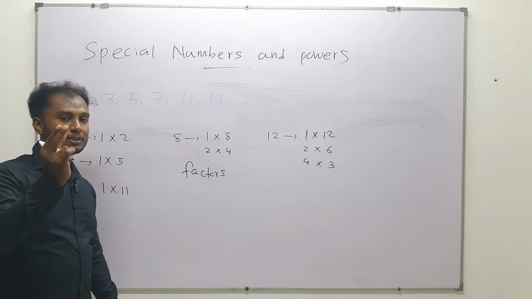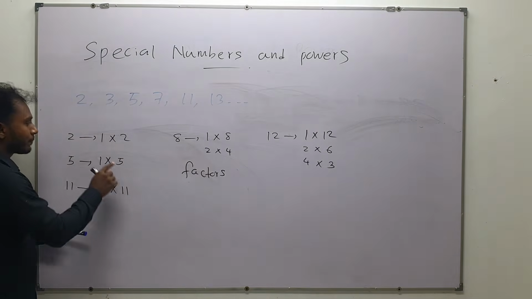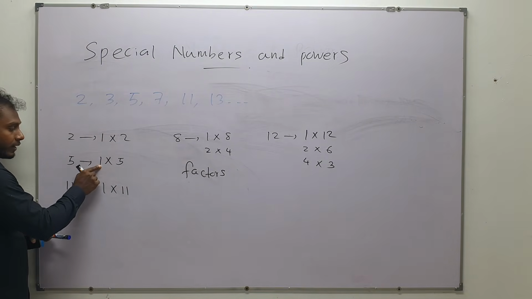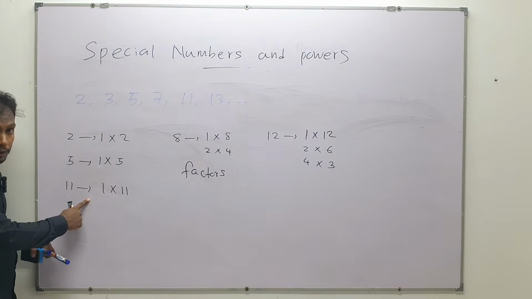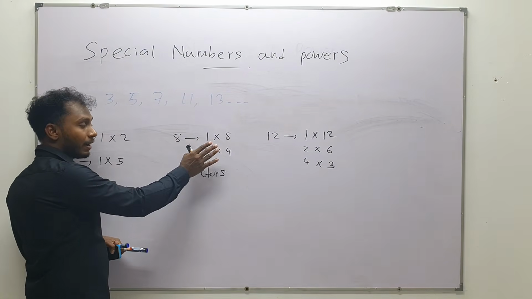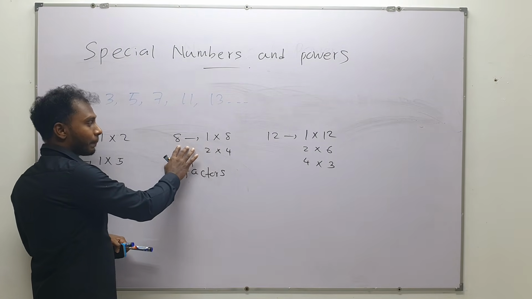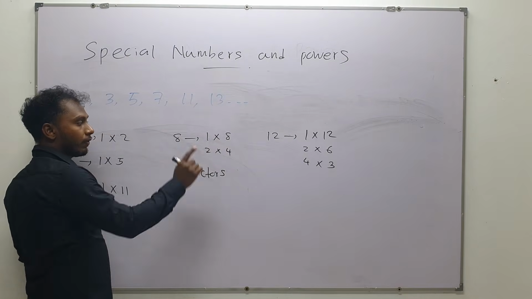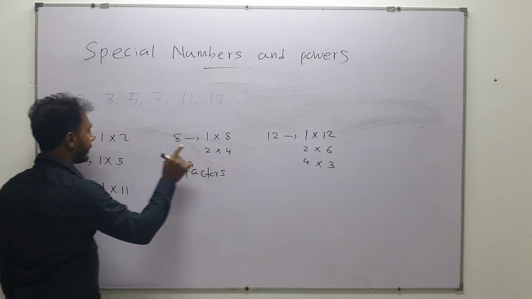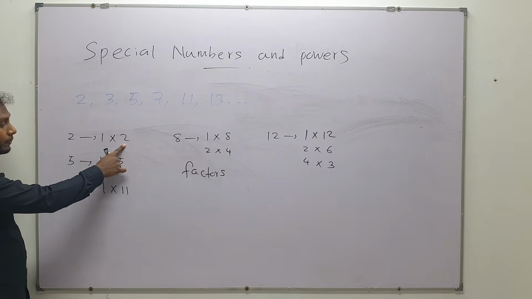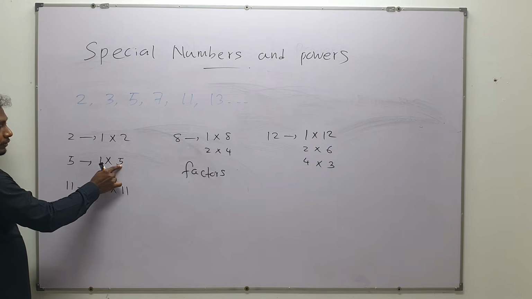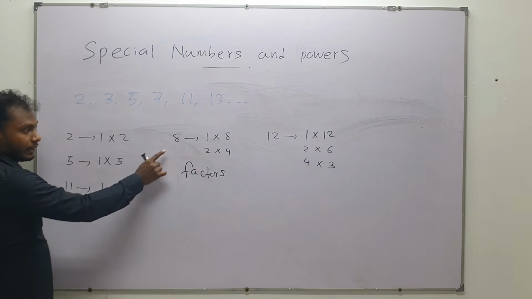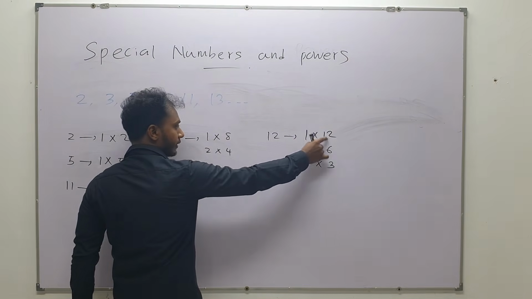There's also one special thing about this: number 1 is always a factor. That is not only common for the primes, but for every number you have, the number 1 is there. So the number 1 is always a factor, and the number itself is always a factor. See, number 2 is a factor, number 5 is a factor, number 11 is a factor. Here, 8 is a factor, 12 is a factor.